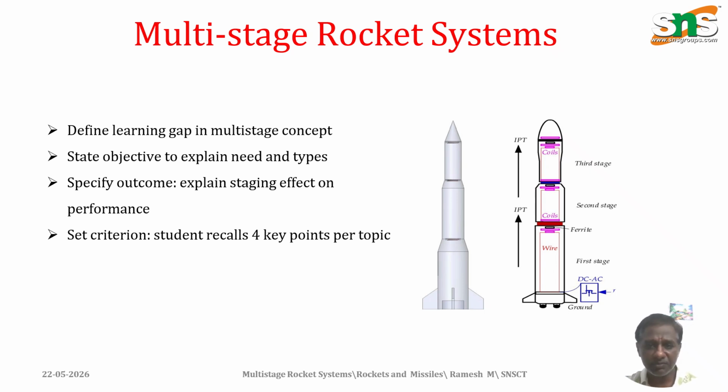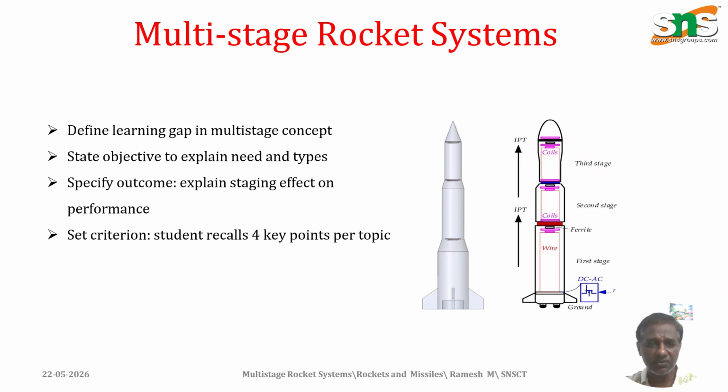The basic principle of a multi-stage rocket is to discard the empty or exhausted stages during the ascent so that the remaining vehicle becomes lighter and more efficient. This concept greatly improves the rocket's ability to achieve the extremely high velocities required for satellite launching as well as space exploration and interplanetary missions.